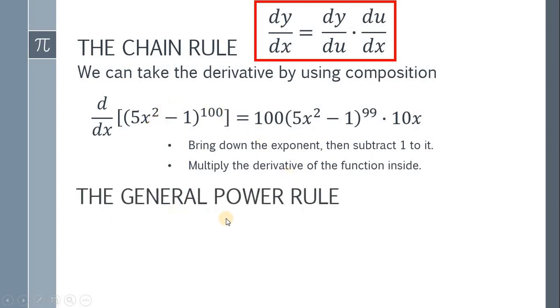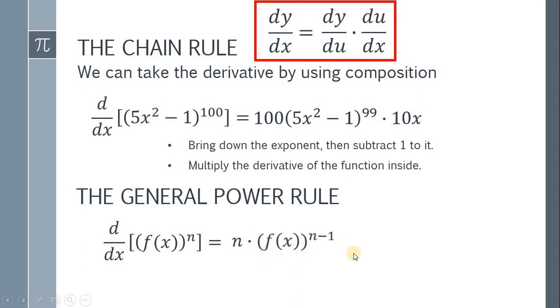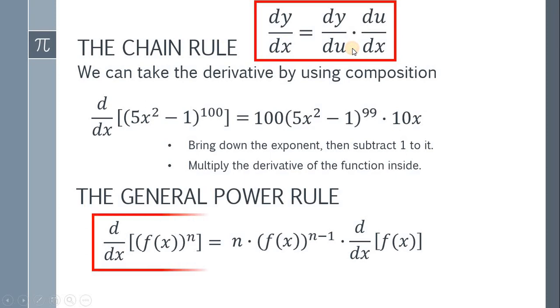So, we have the general power rule. So, we have the derivative of f of x raised to n, or simply yung ating function naka-raise sa kahit anong exponent, and is equivalent to n times f of x raised to n minus 1 multiplied by the derivative of f of x. And this is the general power rule.